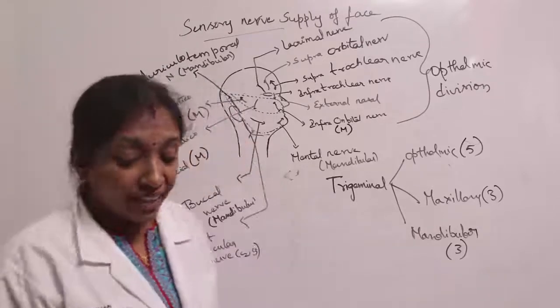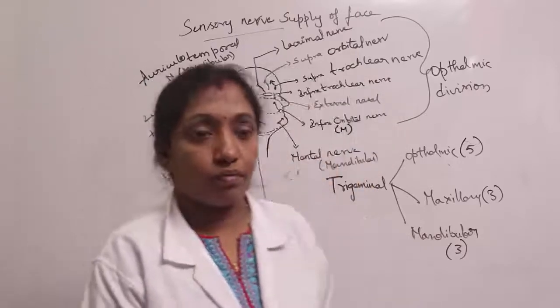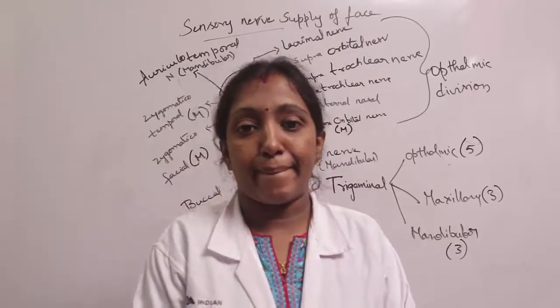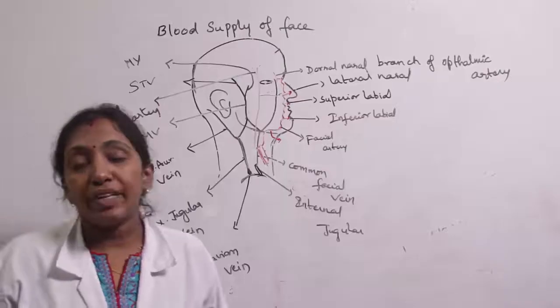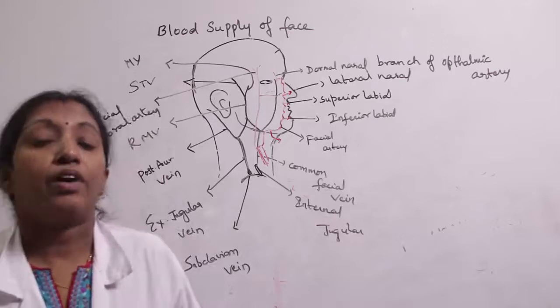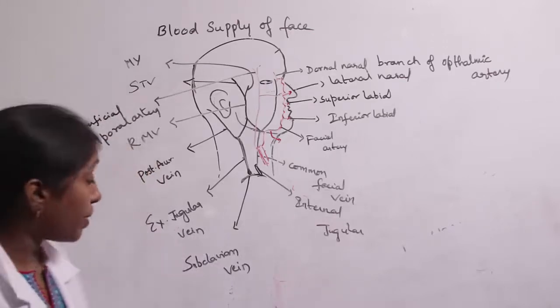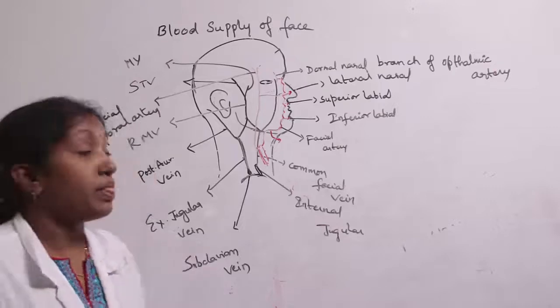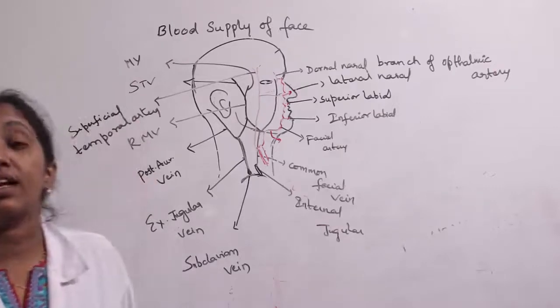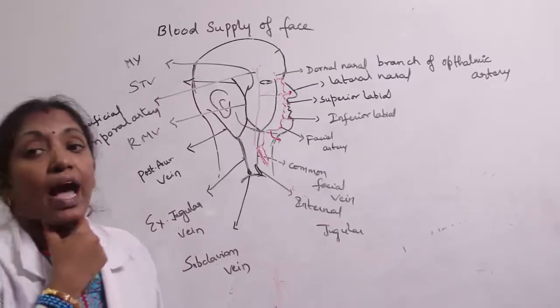And coming to the arterial supply of the face, it is derived from the facial artery, which is a branch of the external carotid artery. The facial artery arises from the external carotid artery just above the tip of the greater cornu of the hyoid bone.